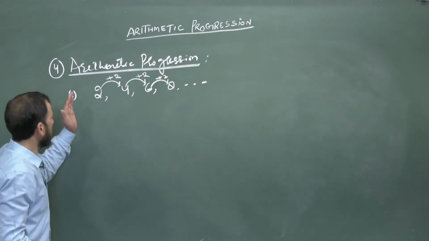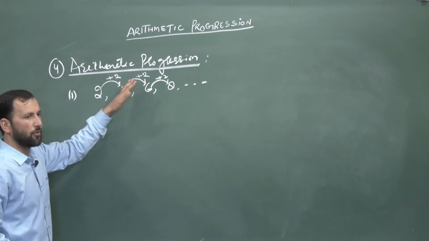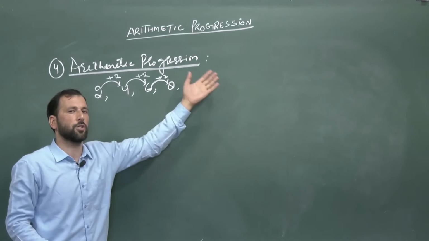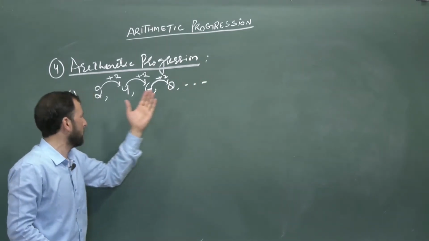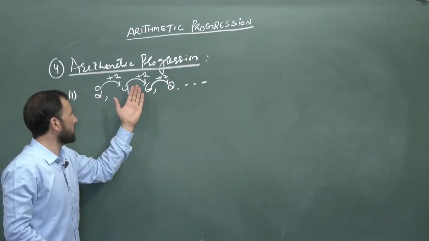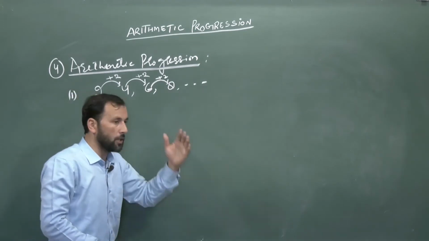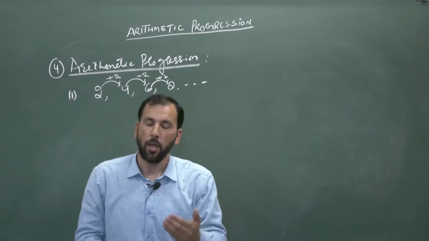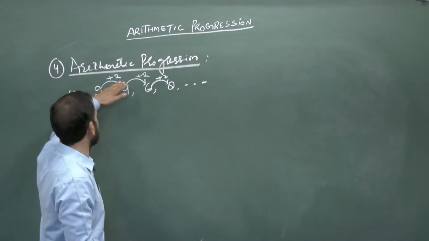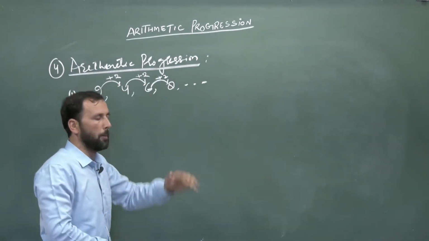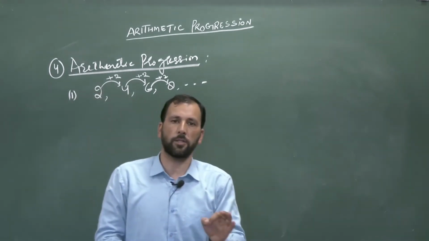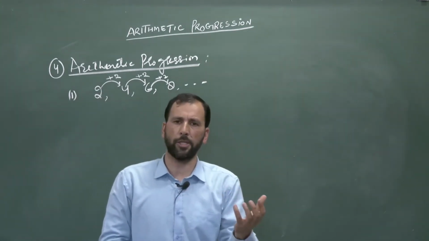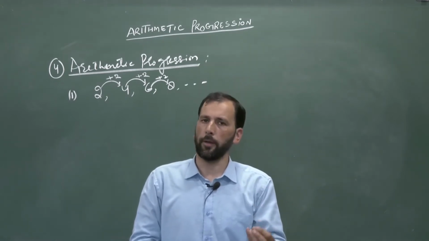So we are adding this common difference, a fixed number, to the preceding terms to get the next terms of an arithmetic progression. So 2, 4, 6 and 8 is a list of numbers in which each term is obtained by adding a fixed number. Here the fixed number is positive 2, so this list of numbers is said to be an arithmetic progression, and this common difference can be negative, positive or 0.